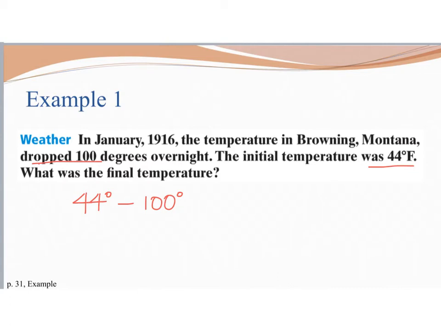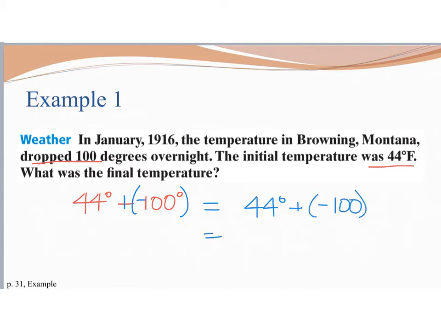Now you can go ahead and treat this like a simple subtraction and go ahead and do it. Or if you want to practice changing the sign, if I change my subtraction to an addition, I must change the sign of the number that follows that subtraction symbol. So ultimately, I end up with 44 degrees plus a negative 100.